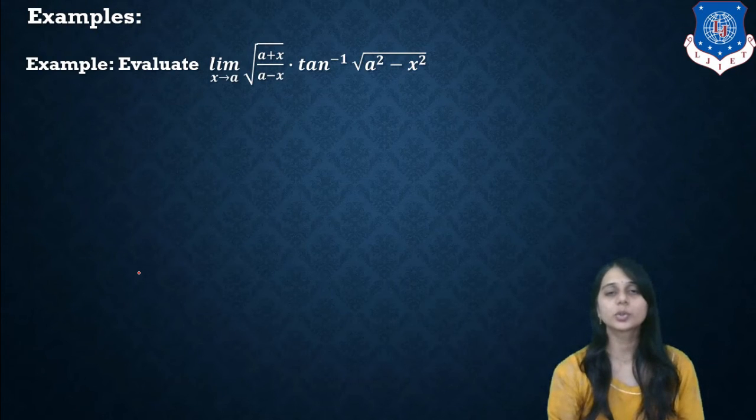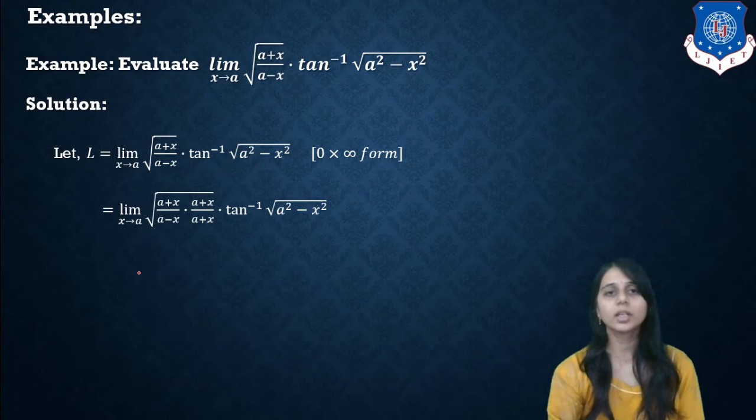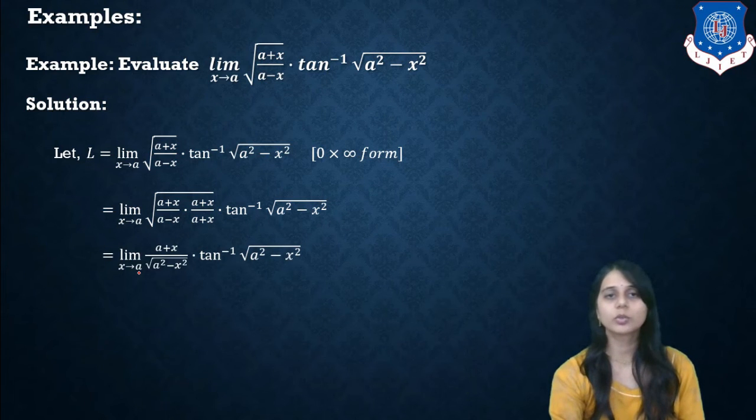Evaluate the limit as x tends to a of square root of (a plus x upon a minus x) into tan inverse of square root of (a square minus x square). This is 0 into infinity form. We take (a plus x) into (a plus x) upon (a minus x) into (a plus x), taking the conjugate under the root, with tan inverse of square root of (a square minus x square). So we get a plus x upon square root of (a square minus x square) into tan inverse of square root of (a square minus x square).